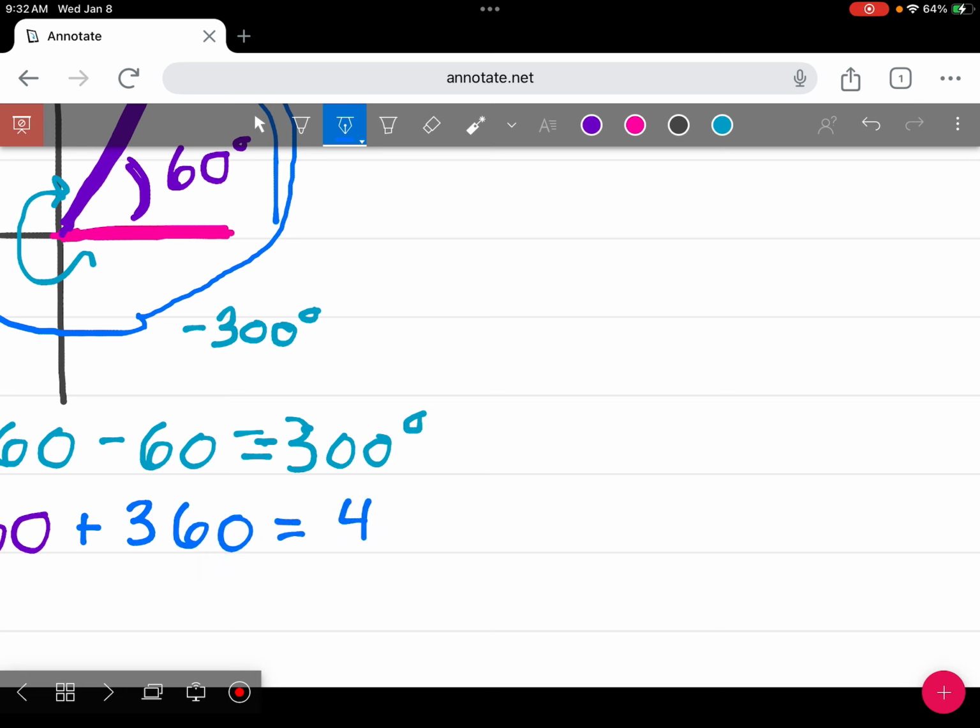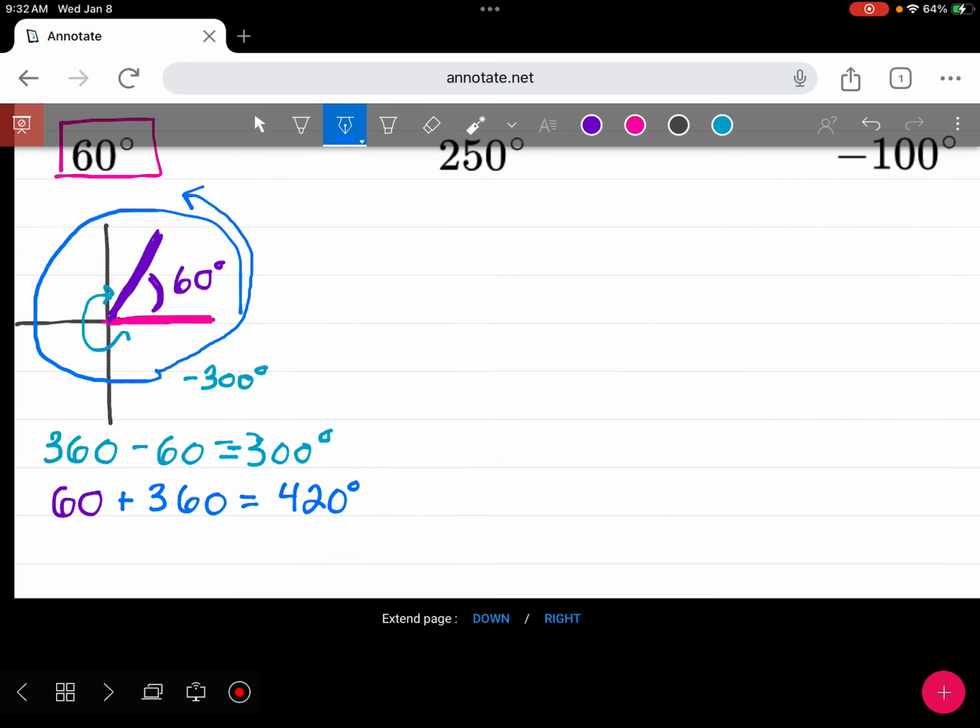So it's going to give us 420 degrees, which is the same exact thing as 60 degrees. I just did a twirl before I stopped at 60. Same thing. I could do the same thing the wrong way, around the circle negative. I could take my negative 300 and go around the circle again and do negative 660. That would still land me at that same spot.